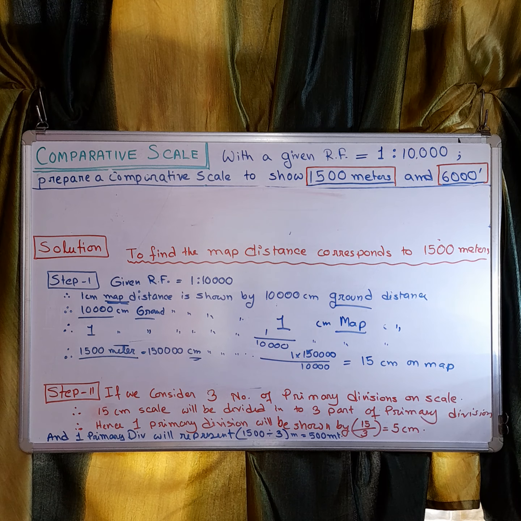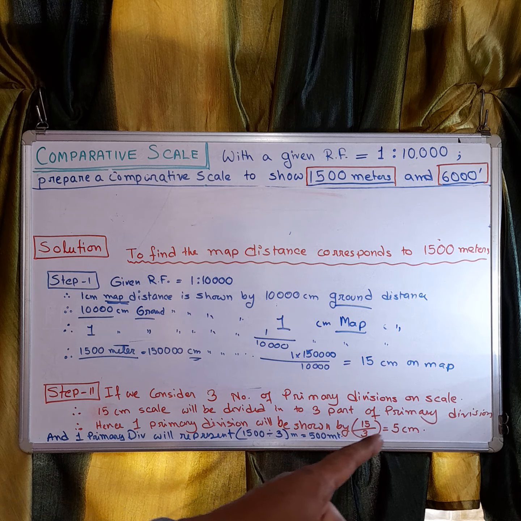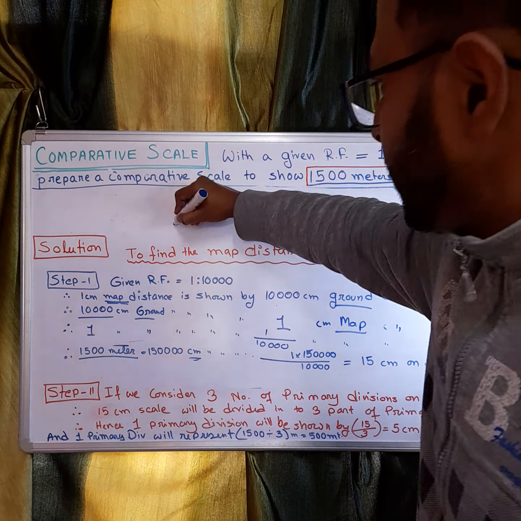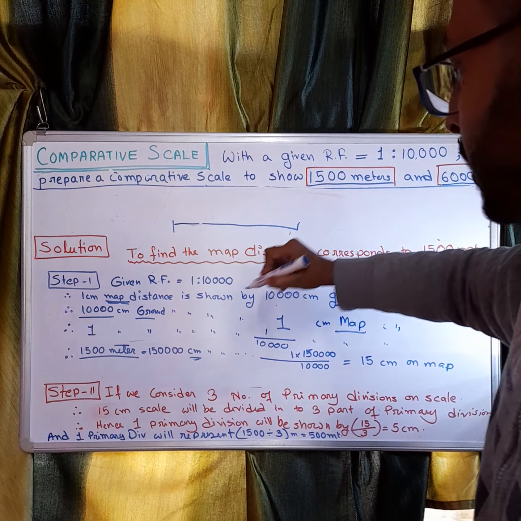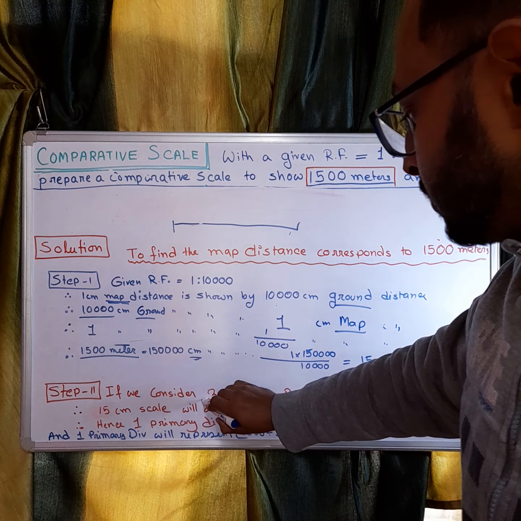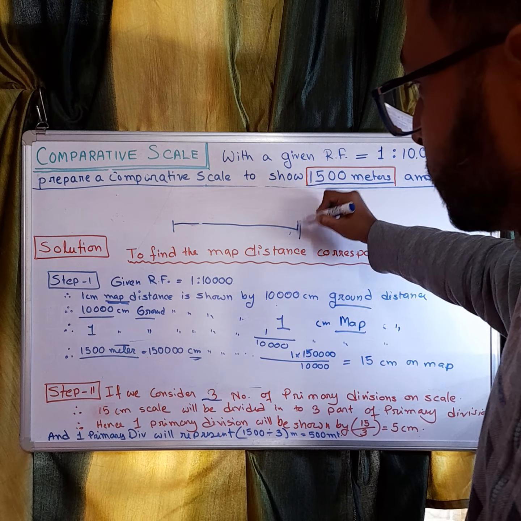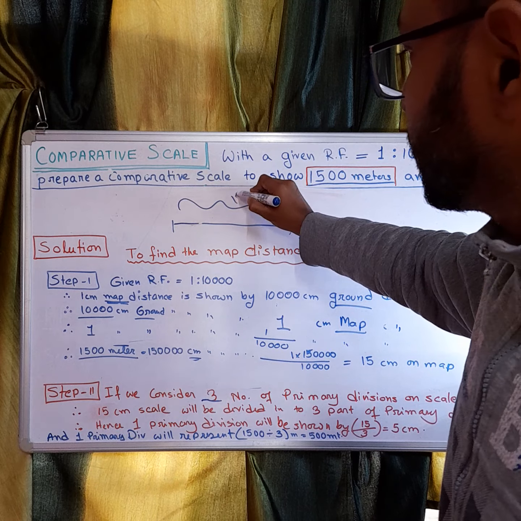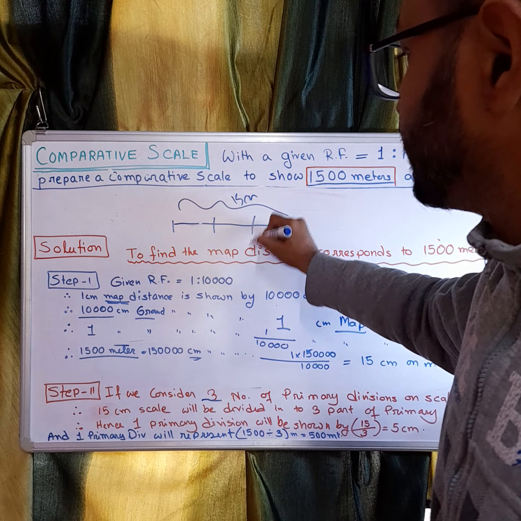In the step 2, what we will get? If we consider 3 number of primary division, suppose, then for the scale, 15 centimeter will be divided into 3 parts to show the primary division. This 15 centimeter is for entire scale. Now if we consider 3 numbers of primary division, then this 15 centimeter will be divided into 3 parts.